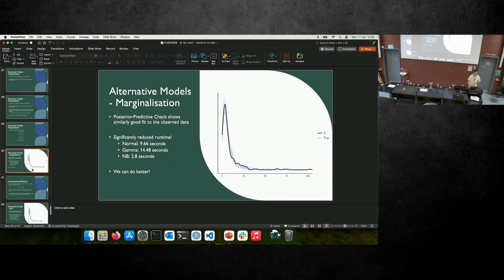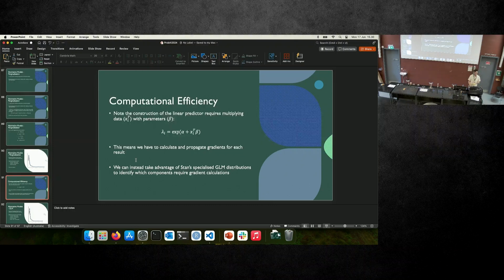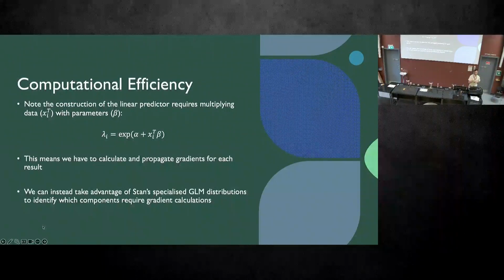All right, now at this stage of our workflow, do we stop? Do we accept the model? Or do we keep chasing a promotion? Always chase the promotion. So now that we have a likelihood construction that we like, we can start looking at what we can do to tune this a bit better based on the tools and methods that we're using. Because we're using Stan, and because we're using Hamiltonian Monte Carlo, we know that we're relying on gradient calculations.